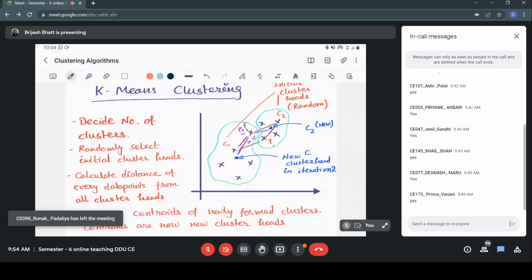After the second iteration, your clusters would look something like this. So this is how the mean of data points plays a role in improving the cluster with every iteration.